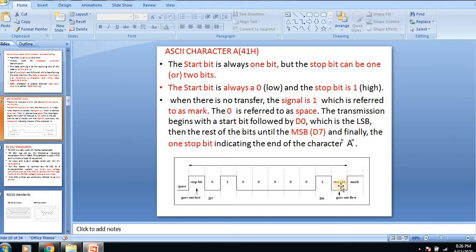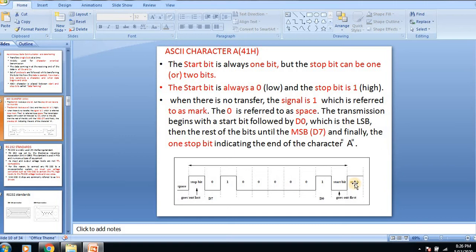There is one start bit and it is always 0, but one or two stop bits can be there, though in this discussion we will consider only one stop bit. When there is no transfer, the signal is 1. You can see here this one mark, that is called a mark.